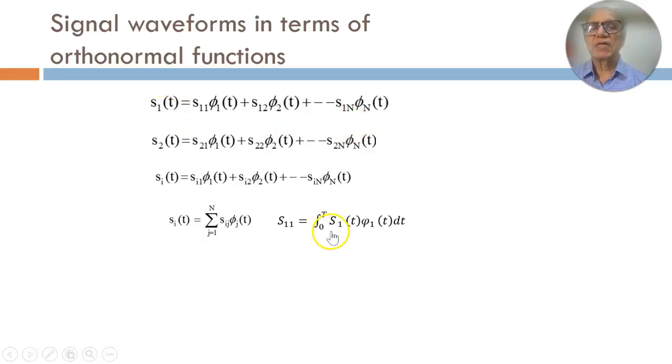So this will become S1(t) into Phi1(t), and then integrate both sides. The left hand side becomes the integral from 0 to T of S1(t) Phi1(t). Remember what we have done? We have multiplied both sides by Phi1(t) and then integrated. Now on the right hand side, S11 is a constant.